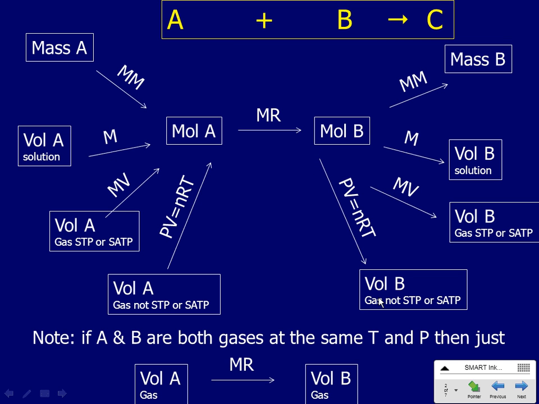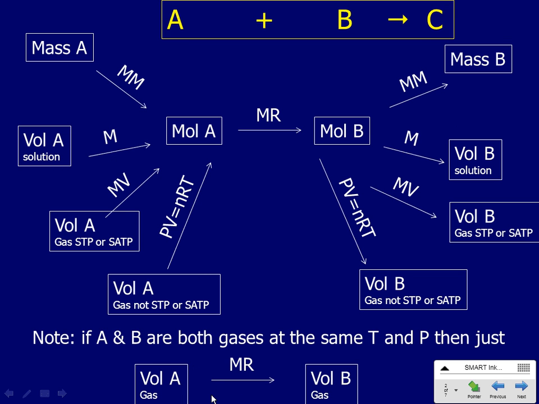So I'm just doing those 3 steps always. With all stoichiometry problems, there's a step 1 where we move down. You've got to pick the appropriate equation or conversion factor. There's a step 2 where we move across. That's our mole ratio. And then there's a step 3 where we move back up and figure out what we want to find, picking the appropriate equations depending on what they're asking.